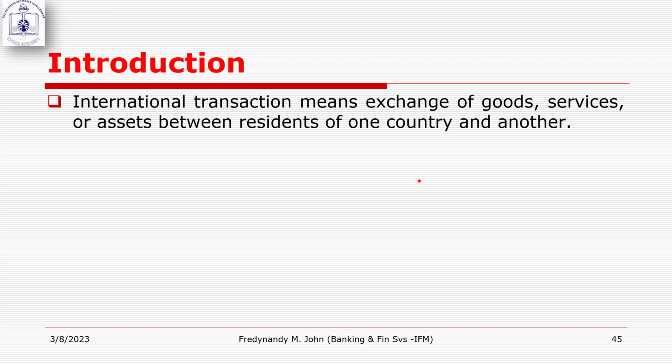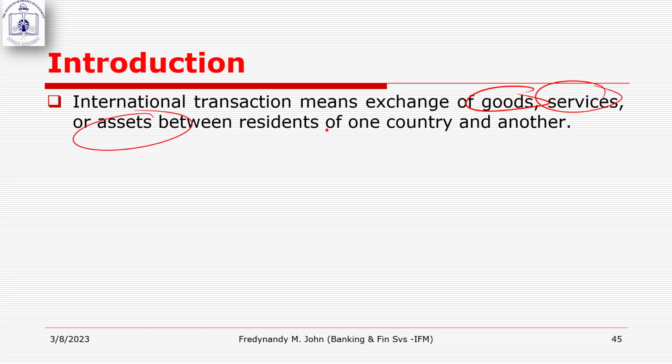Since I have mentioned that in the balance of payment we record all transactions that the country conducts with other countries, then in this balance of payment we are going to include not only goods or services, but also movement of assets, as well as some funds, let's say some grants, etc., across international borders.